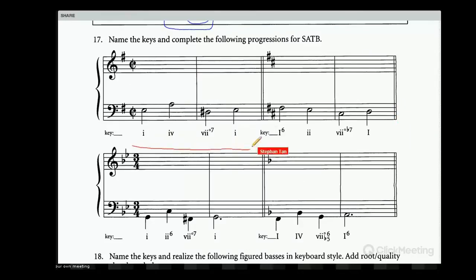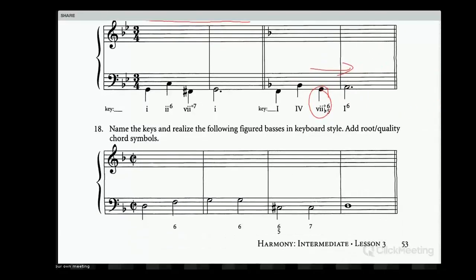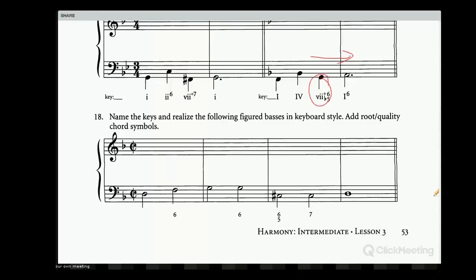All right, so we got some questions here, filling in the voices. Remember, again, I got a borrowed note, right? Altered note, rather. Lower that seventh. Follow the numbers. Follow the numbers. So recognize your diminished seventh chords, and then follow the numbers. All right? Really important.